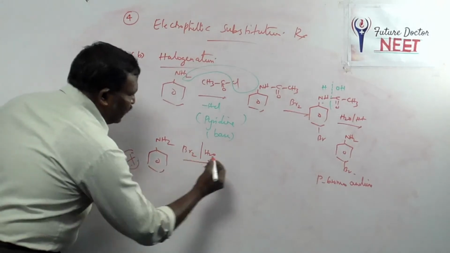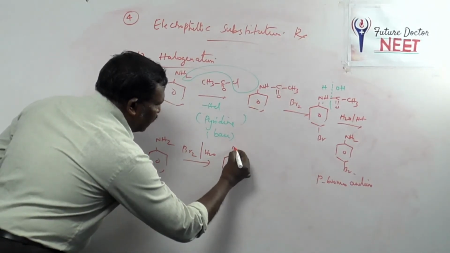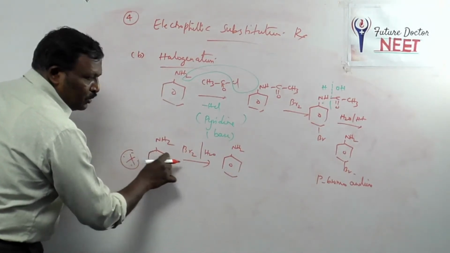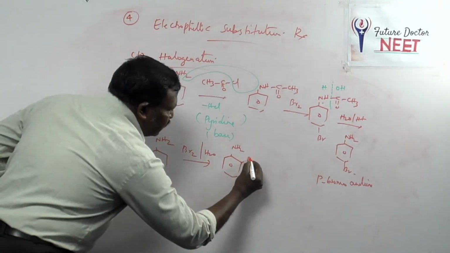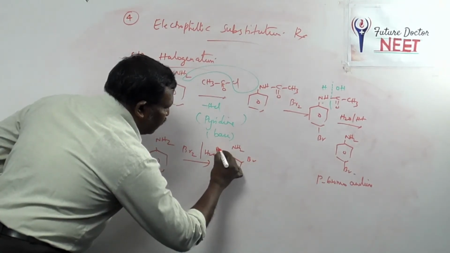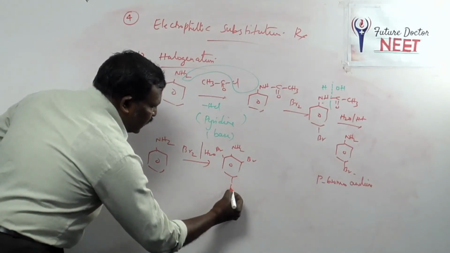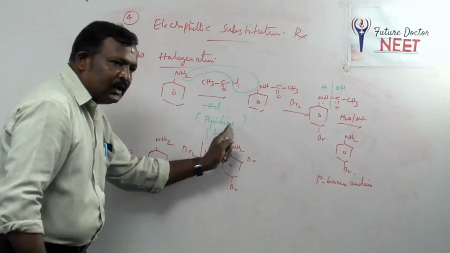So you'll be getting bromine at all the places. These two are ortho positions, and this is the para position. This is a familiar reaction because we are adding directly. So what's the product name? This part is called aniline.